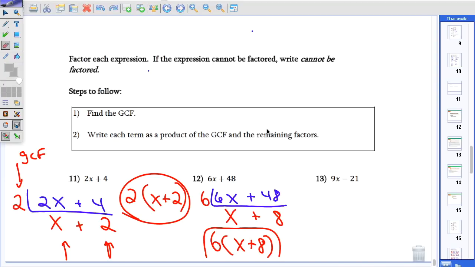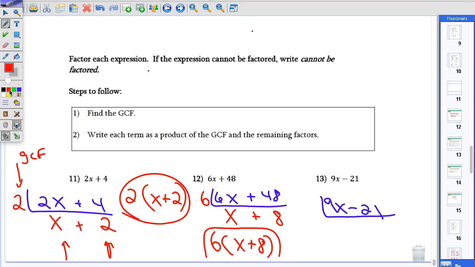Number 13 is 9x minus 21. Start by rewriting. Do your upside down division. Take out common factors. 9x and 21 have 3 in common. We take out a 3. The other factor that's left is 3x, because 3 times 3x gives you 9x.